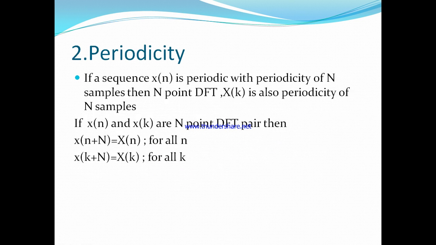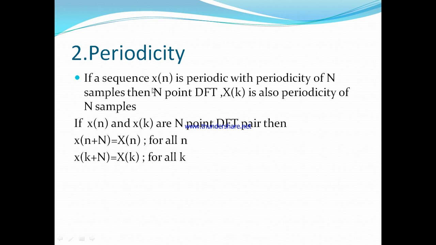Next one, periodicity property. Here, if a sequence x of n is periodic with a periodicity of N samples, then its N-point DFT X of k is also periodic with N samples.